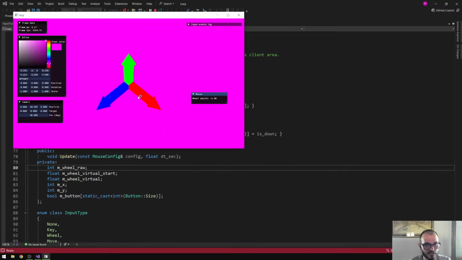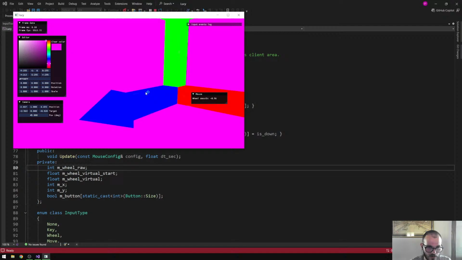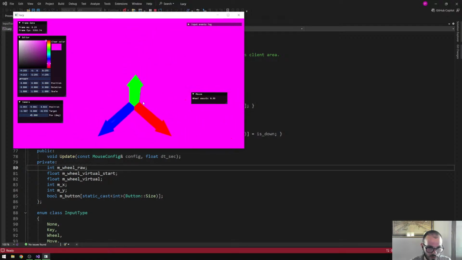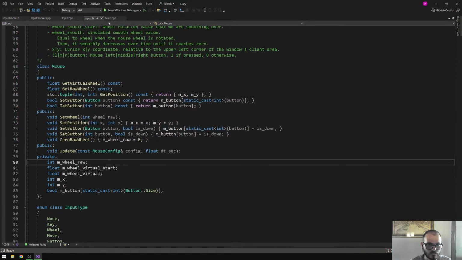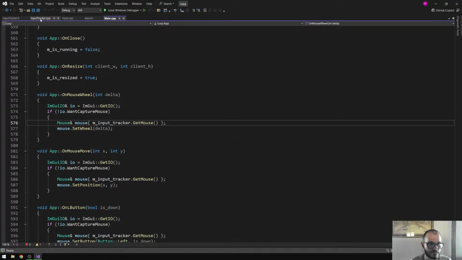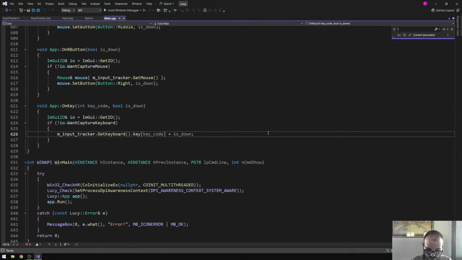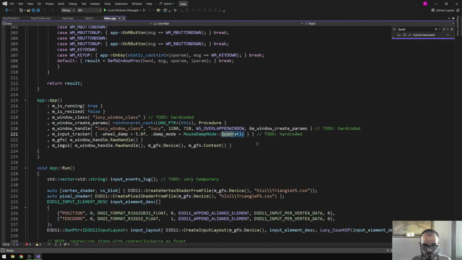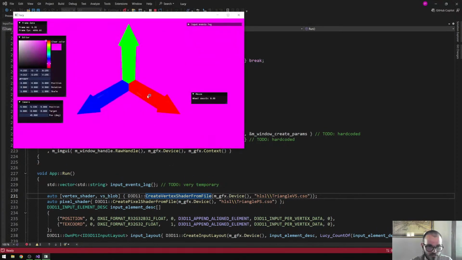I went through the code base one more time after I stopped streaming, and the problem is the usual thing. The linear was working, so in the mouse damp mode, the linear was working and should be working.